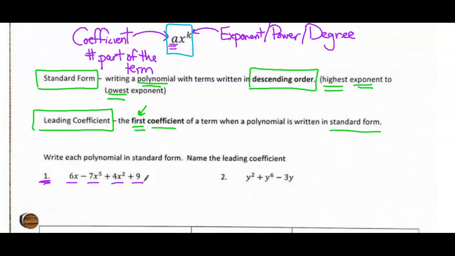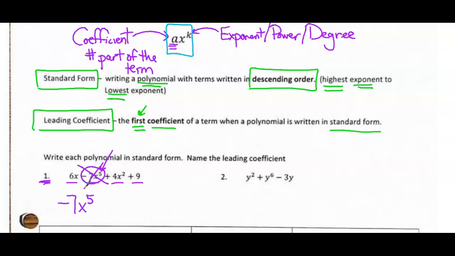When you put this in standard form, you want the leading coefficient and the highest degree to come first. This 5 is the highest exponent, and the symbol in front of it is negative. So this is going to be negative 7x to the 5th as the first term. Why again? Because 5 is the highest power. And we get rid of that.